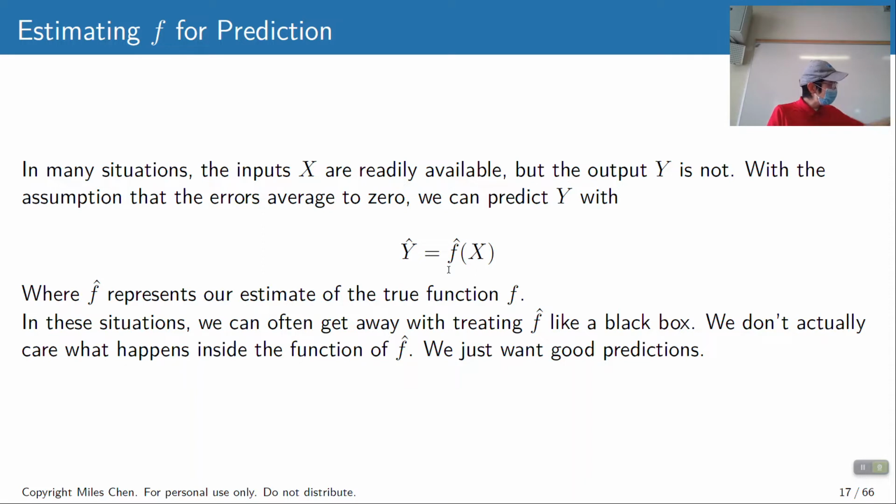And in these situations, we can treat this system, this f hat, like some kind of black box. We don't actually have to understand what's happening. So with things like a neural network, nobody really knows what's happening inside a neural network. I mean, maybe a little bit.